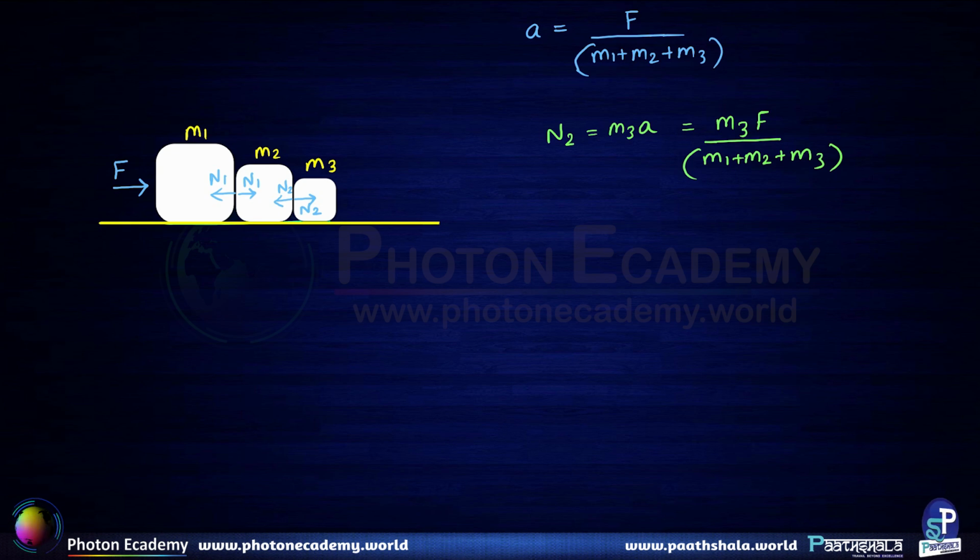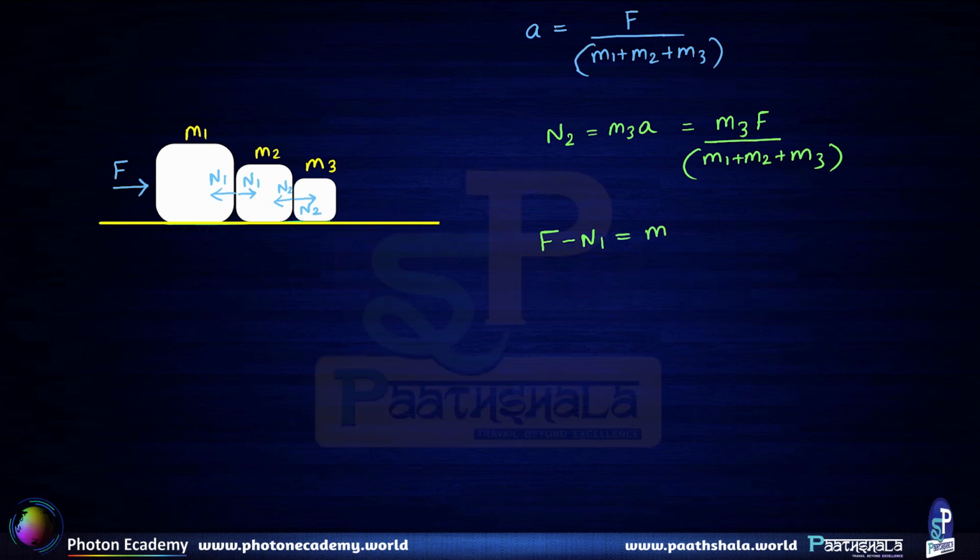For finding N1, we can choose to analyze the block M1. So for N1, we can write down F minus N1 is equal to M1A. This particular equation is for the block 1. So F minus M1A is going to be equal to the normal reaction N1.